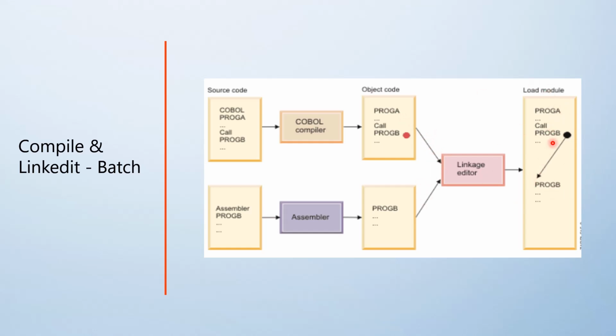This load module has references to programs A and B as well. This is the executable module which a user can execute. Because it's batch, you need mechanisms like JCL to execute this executable load module.